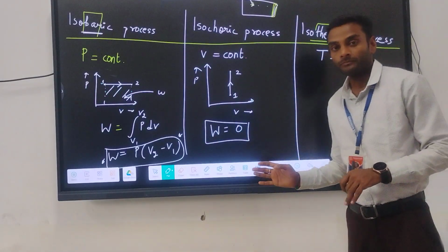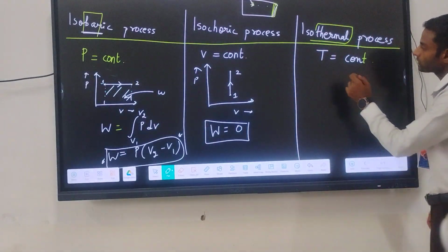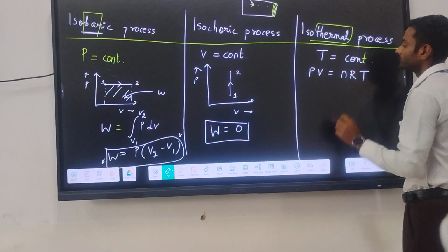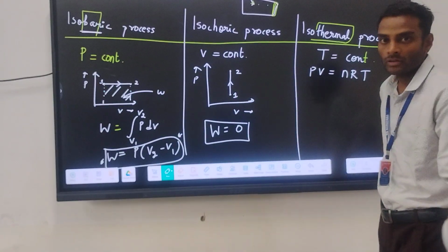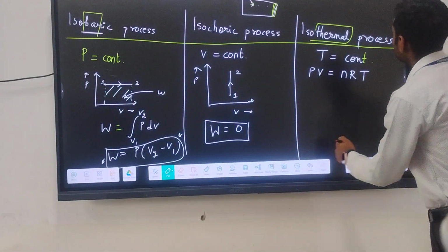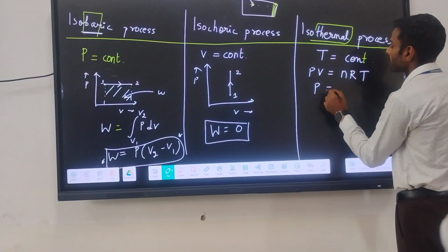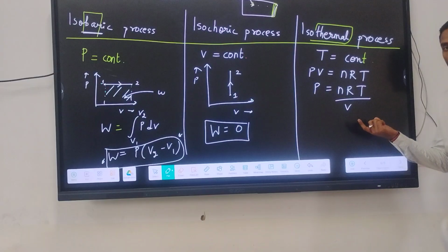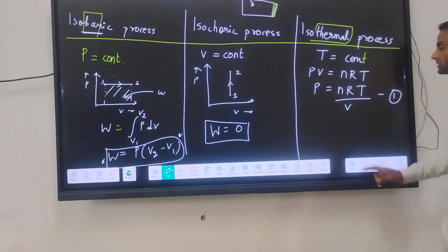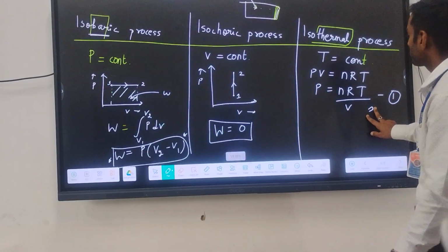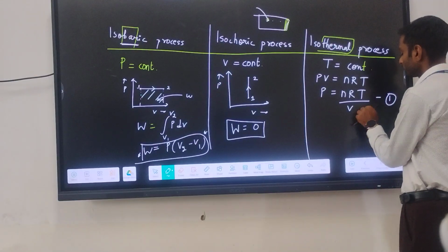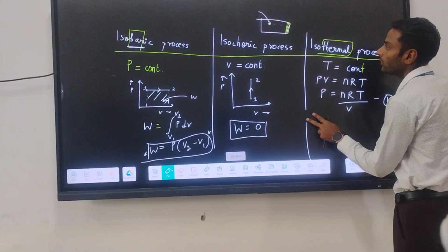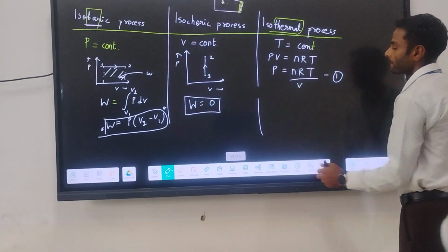Isothermal process. PV is equal to nRT. This is the ideal gas equation. We can write P is equal to nRT by V. Definitely right, you can write this.